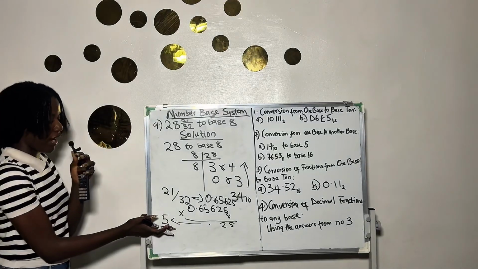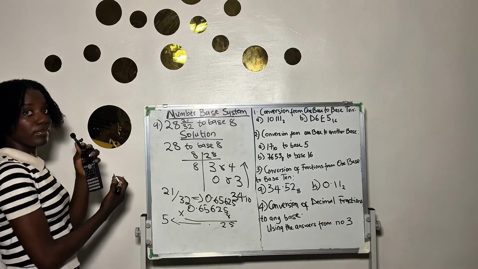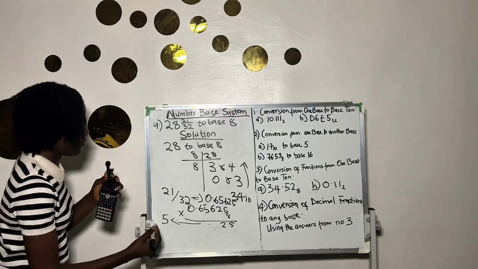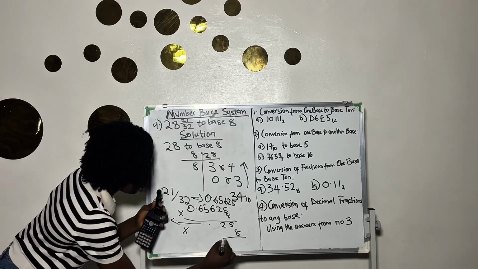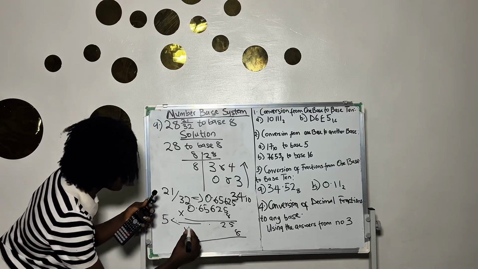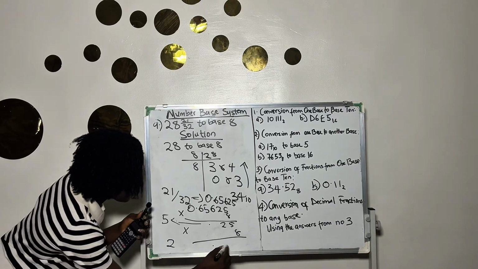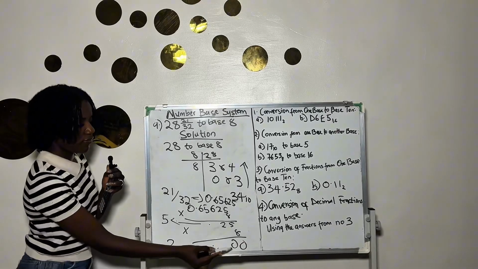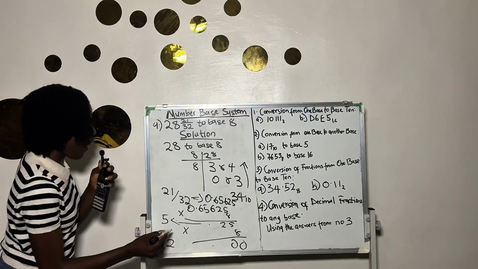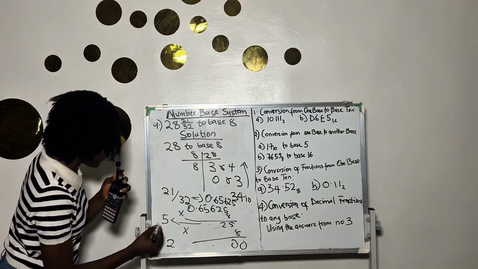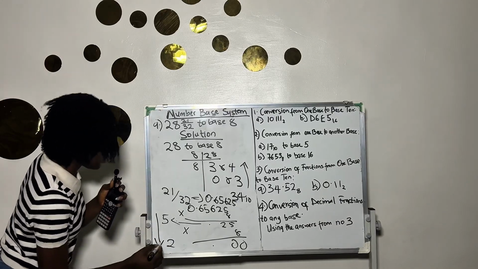We're using the values after the decimal points. So 0.25 times 8 will give us 2.00. Since the final digit is 00, we are done. I'm going to take this downward.